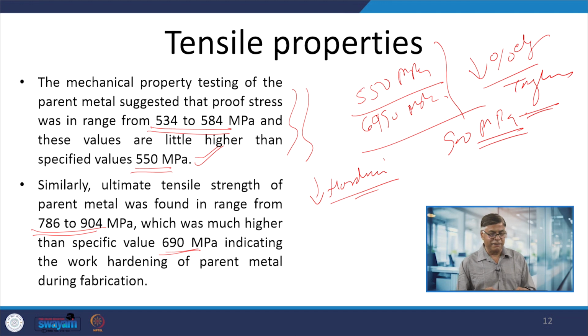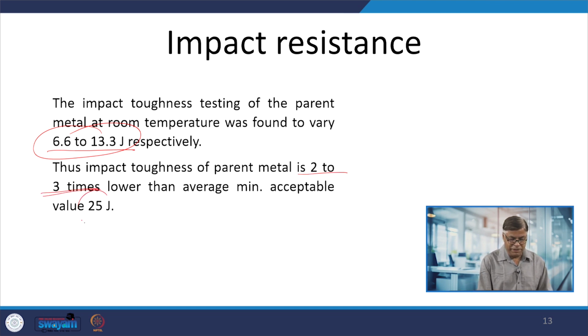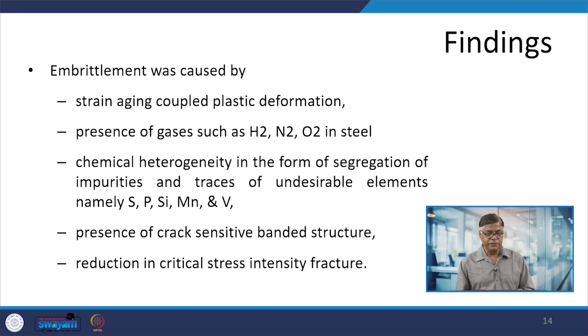So, if the steel has too high yield strength or too high hardness, it will show a tendency for cracking and reduced resistance to impact. That is what was found also: impact toughness testing of the parent metal at room temperature was found to be in the band of 6 to 13, which is significantly lower than the minimum recommended value of 25. This suggests the material has very high strength but very low ductility, and this is reflected in reduced impact resistance.